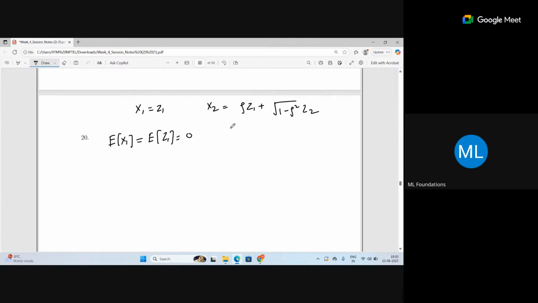Similarly, what is the expectation of x2? It is rho into expectation of z1 plus root of 1 minus rho square into expectation of z2. But the expectation of z1 and expectation of z2 are both 0, right? So expectation of x2 will also be equal to 0. All of you agree with that?